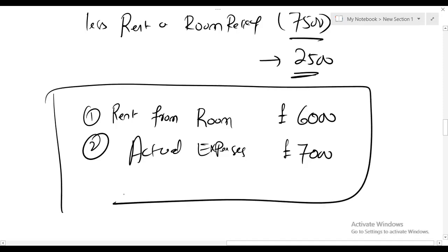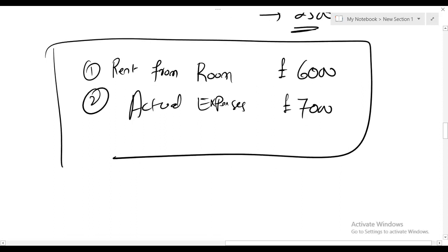You have rent from room 6,000, but surprisingly actual expenses in that room are 7,000. Now what to do? Your expenses are more than rent from room. In that case, what should I do? Should I opt for actual expenses or should I go for a rent a room relief?